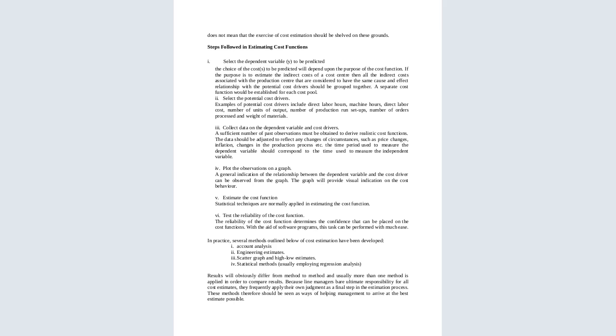Then find more data on the dependent variable and independent variable. Then you plot on the graph. Then you have to go at the reliability. So a major area of concern is how do you come up with the cost function? Or how do you develop a cost estimation function? Well, there are so many methods of coming up with a cost estimation function.